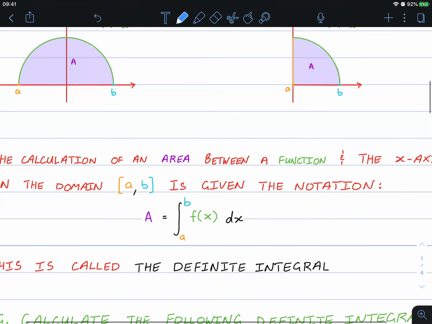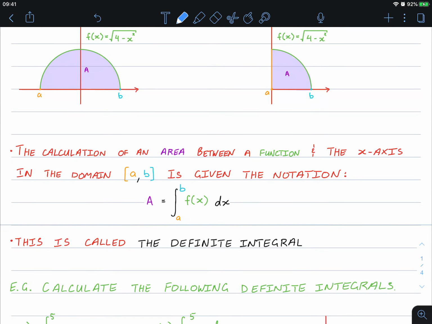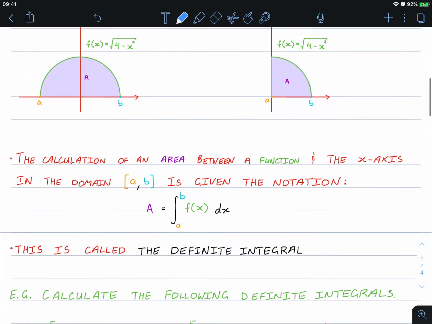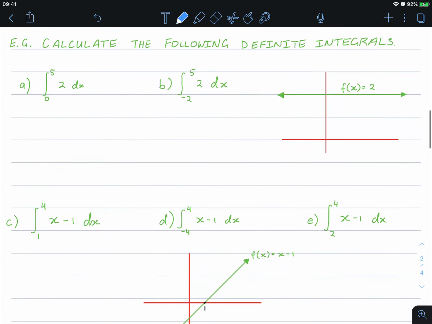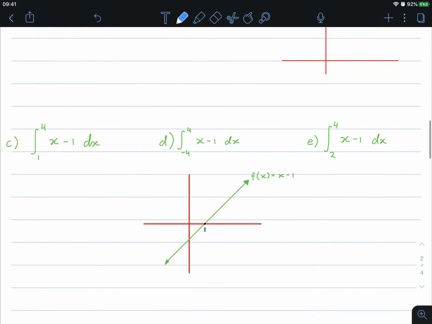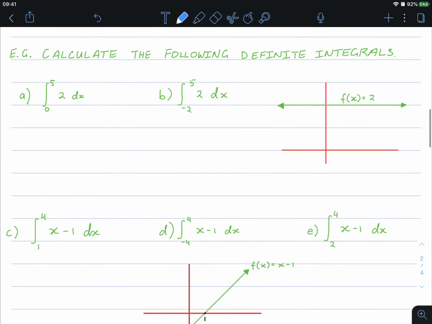So the integral from a to b of any function that we want is known as the definite integral.